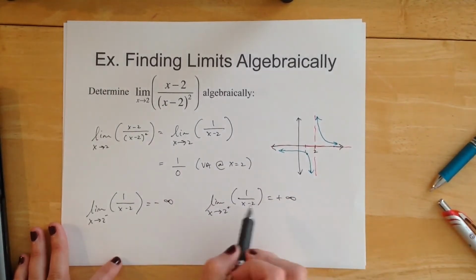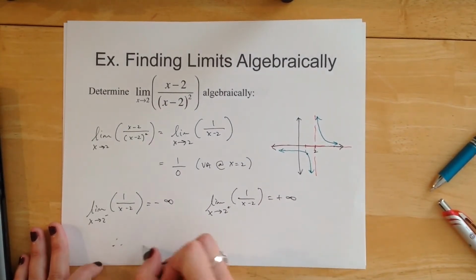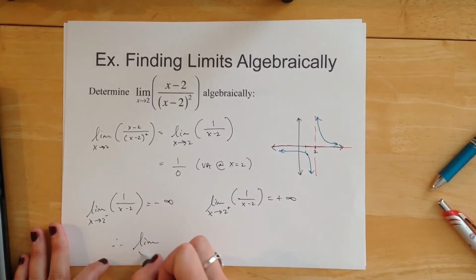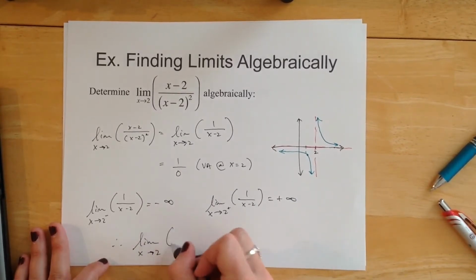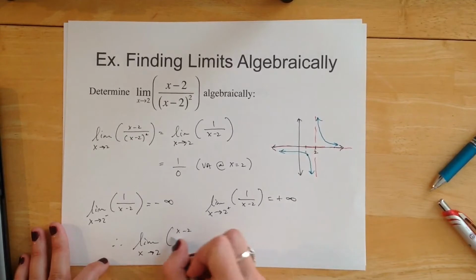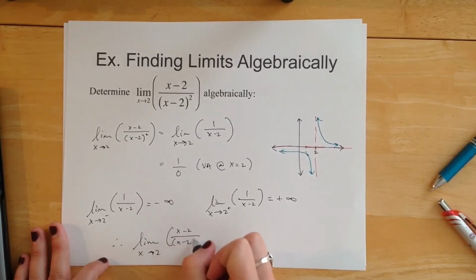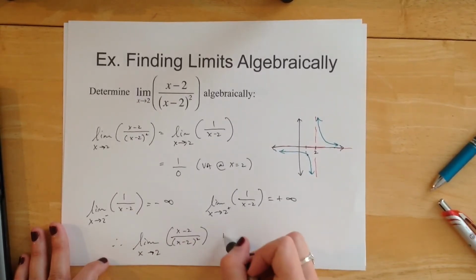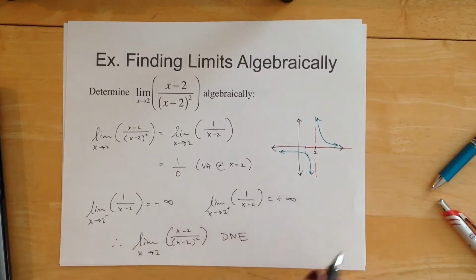Those infinities don't agree. Therefore, we can say the limit as x approaches 2 of our original function does not exist, DNE.